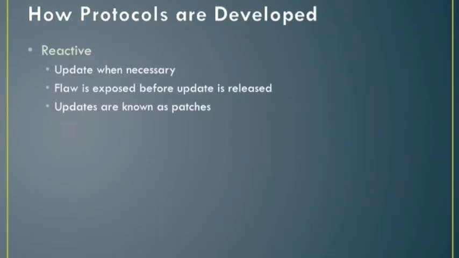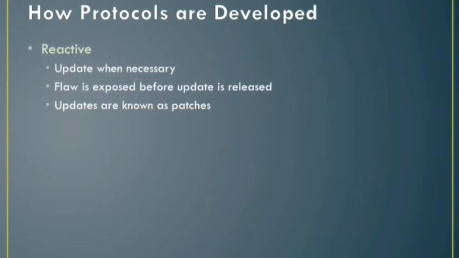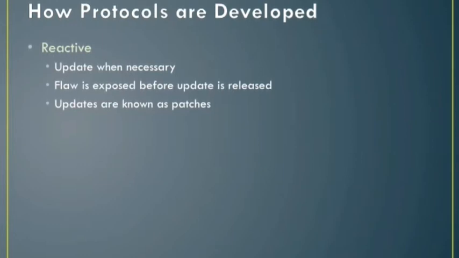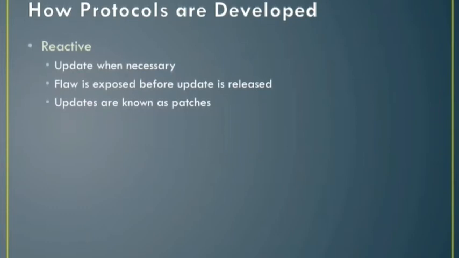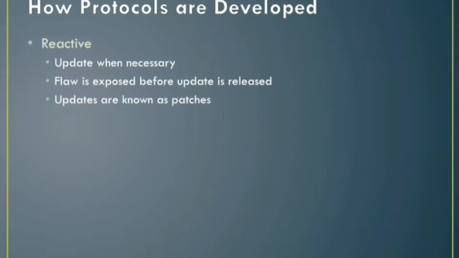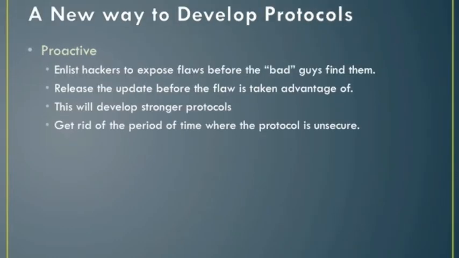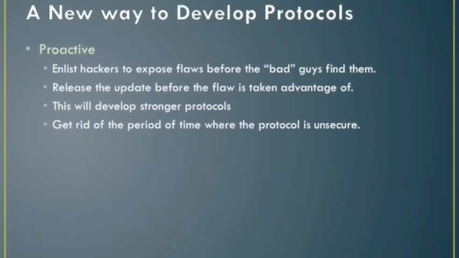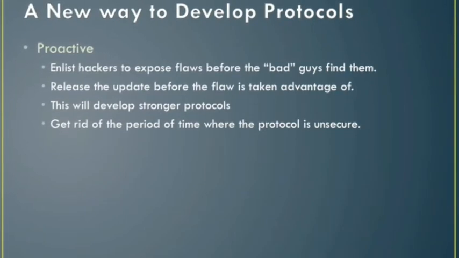So how are protocols developed in today's age? Most of them are developed reactively, meaning that we develop them or create an update when we need it, when there's a breach or when we see that a protocol becomes unsafe. So flaws are exposed before the update because we need to know what the flaws are in order for us to fix them. And these updates are known as patches. A new way to develop protocols would be to use a proactive approach.